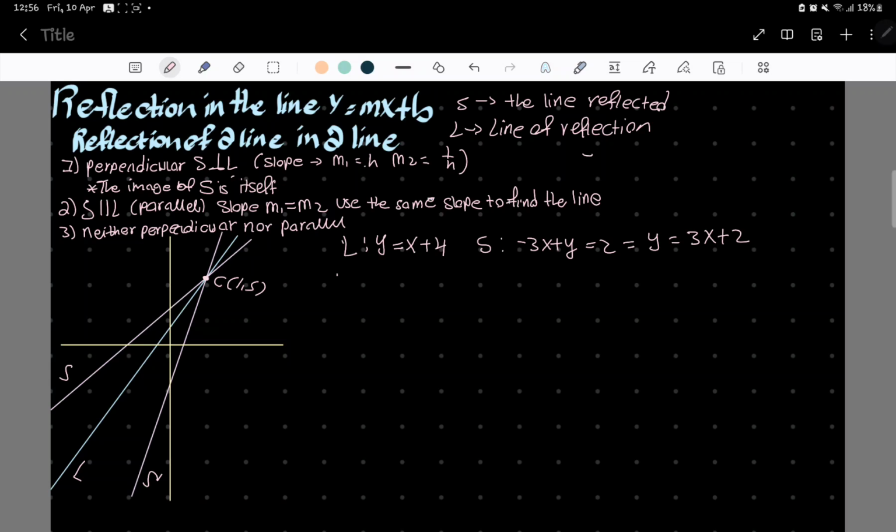Once we find C, we need to find a random point on the line S. S is y equals 3x plus 2, so we can just take the y-intercept, which is 2. So a random point will be 0, 2.